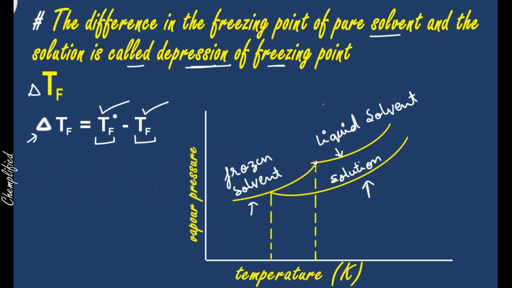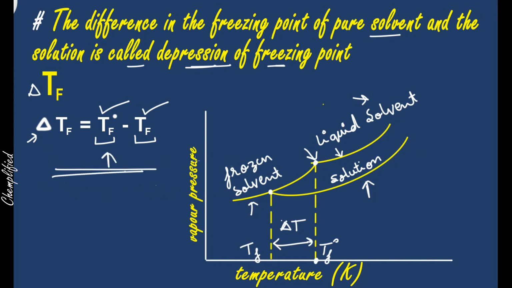The liquid solvent converts to solid at this temperature, known as Tf naught, because the solvent is pure. And this is the temperature at which the solution freezes, known as Tf. The difference between the two temperatures is denoted by delta T, and its value is given right here.